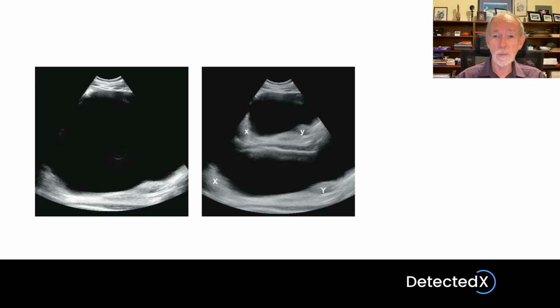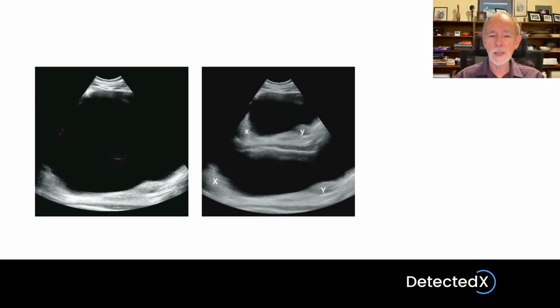And this, for some reason, caused the machine to increase the PRF, the pulse repetition frequency, to the point where range ambiguity occurred. You'll see now that there's an echo through the middle of the bladder, and you'll see that I've marked a couple of points in the rear wall of the bladder with capital X and Y, and then this other set of echoes I've labelled with a lowercase x and y.